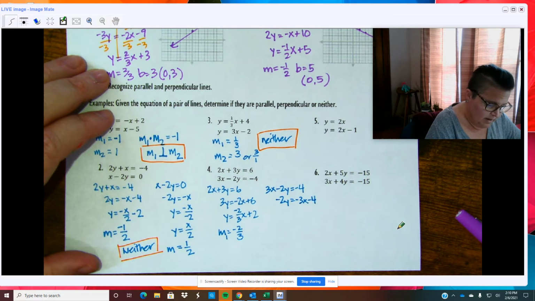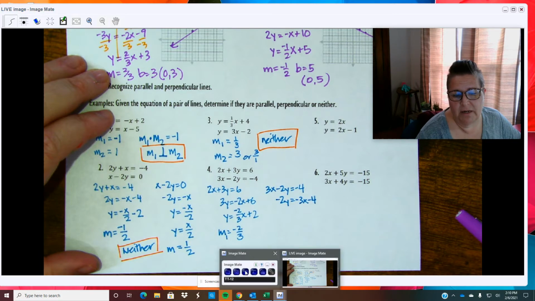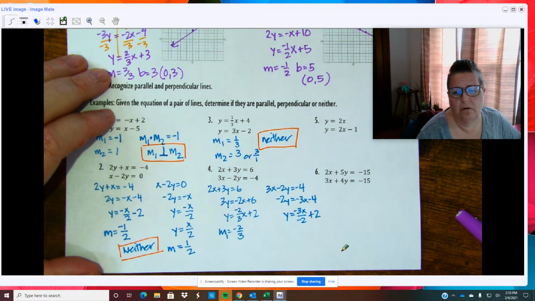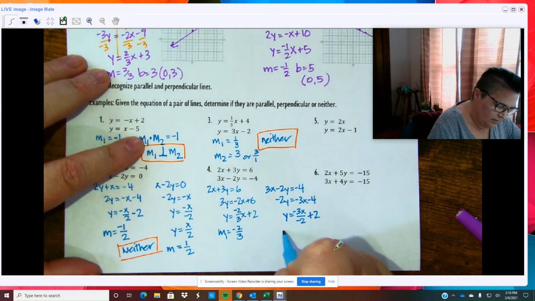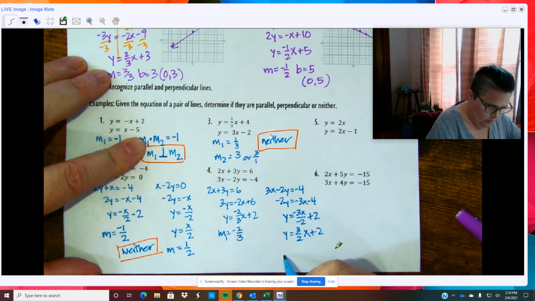Negative 4 divided by negative 2 is a positive 2. Okay, so negative over negative is positive. y is 3/2 x plus 2. So my m here is 3/2.